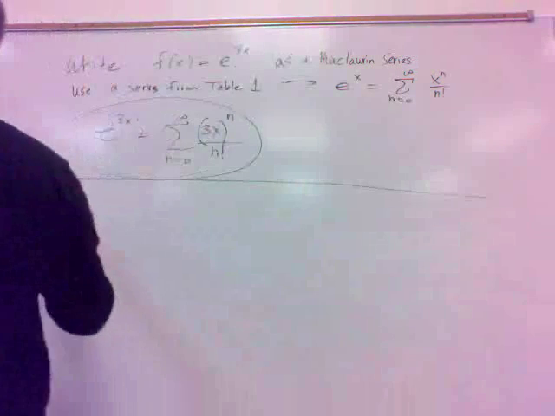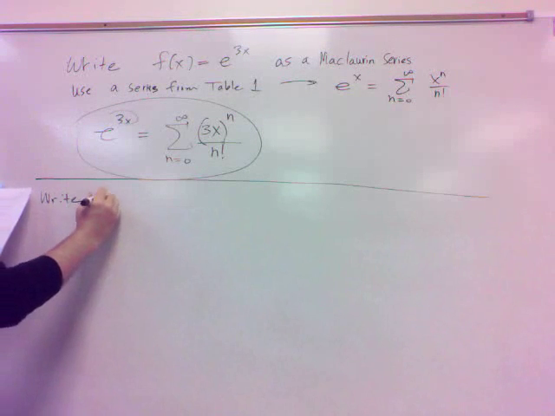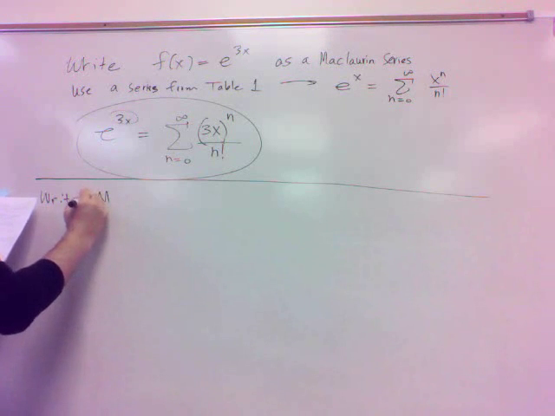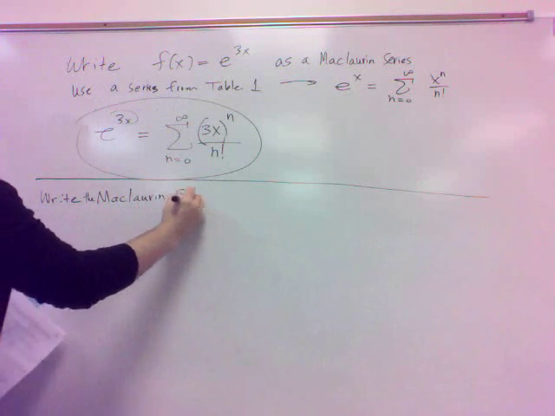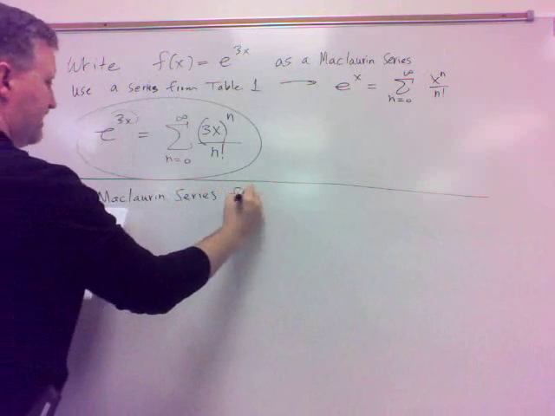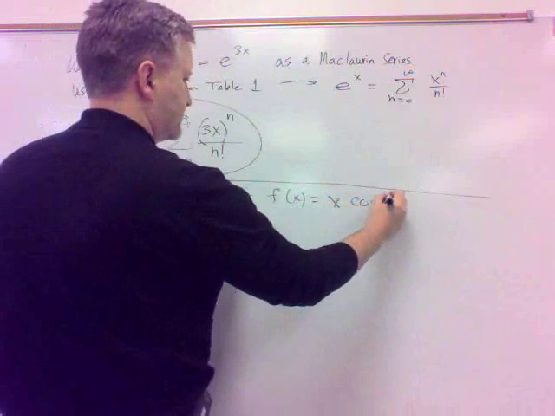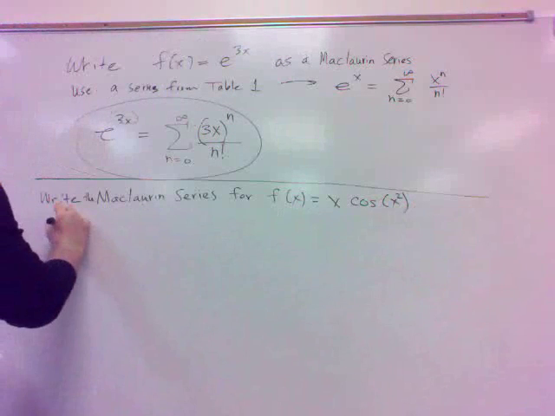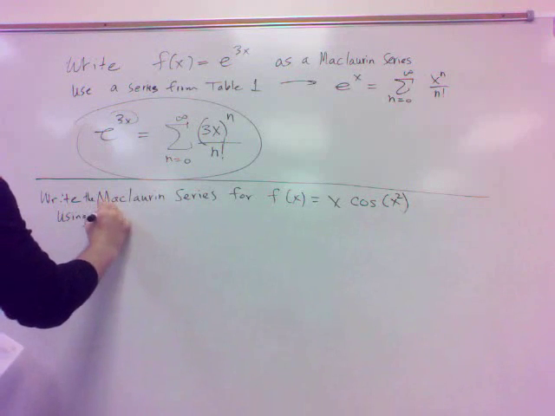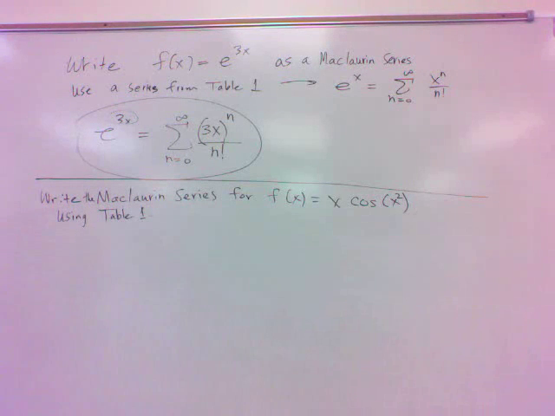Okay, here's another one. Write the Maclaurin series for f of x equals x cosine of x squared using Table 1. All right.